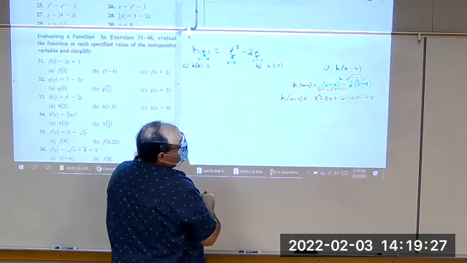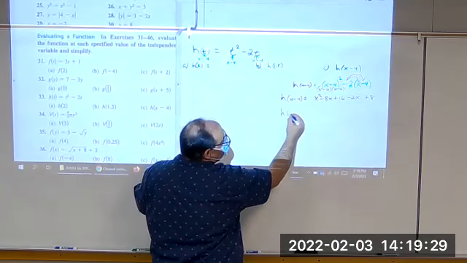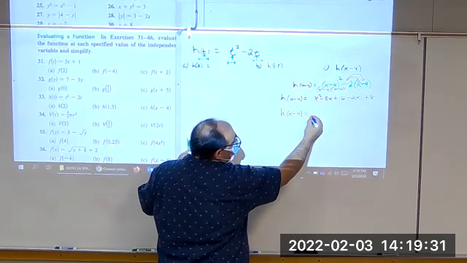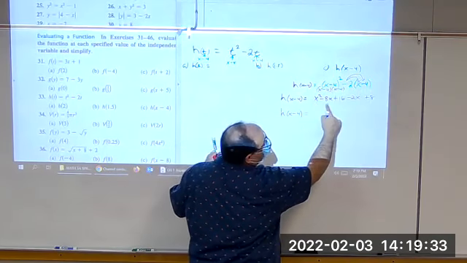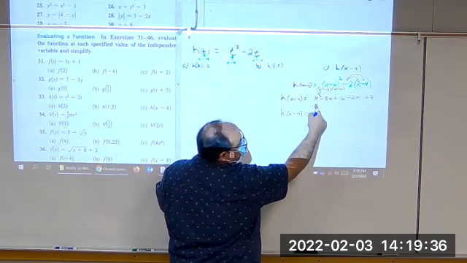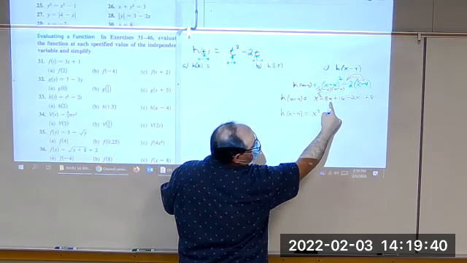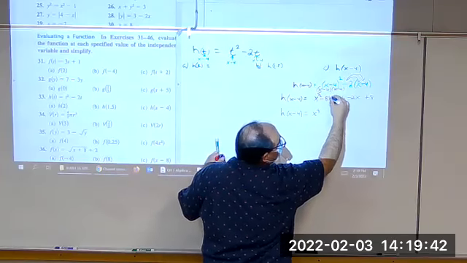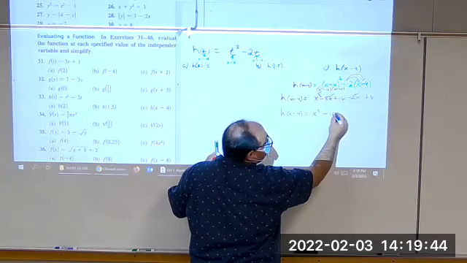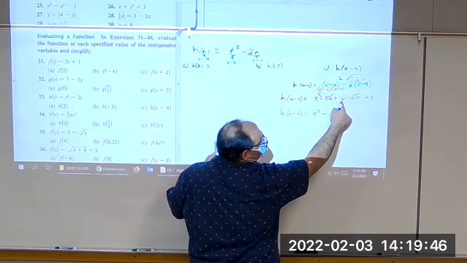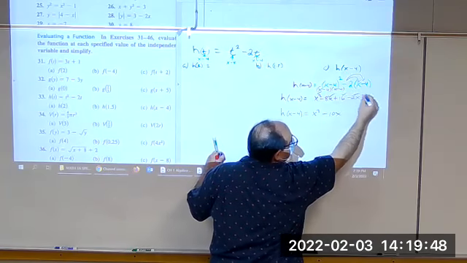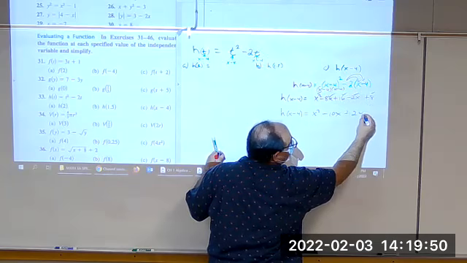And then combine your like terms. h of x minus 4 is looking for all your x squareds. That's the only x squared. x to the first, you have a negative 8x and negative 2x. That's negative 10x. And then a positive 16 and a positive 8 is a positive 24.